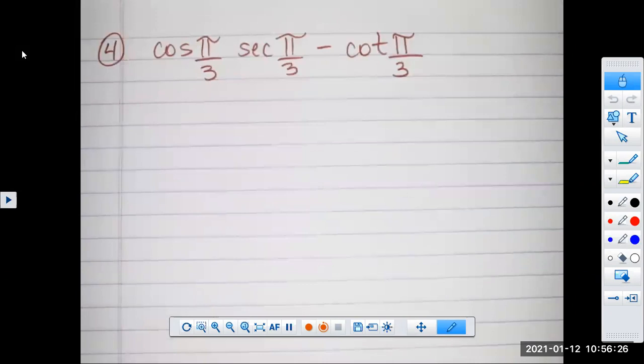This is one of the hardest ones you'll see as far as finding values and plugging in for 4.3.